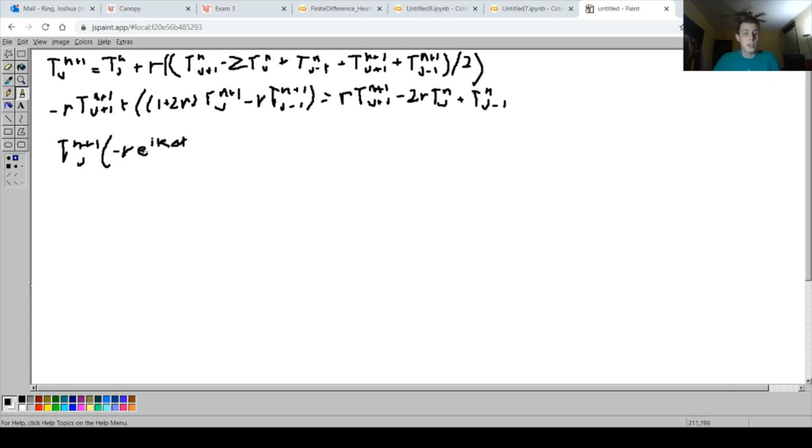So we have our negative r e to the ik delta x, and that is going to be added to 1 plus 2r, and then lastly going to be subtracted from r e to the ik delta x, because remember in this step we are bringing in the e to the ik delta x.